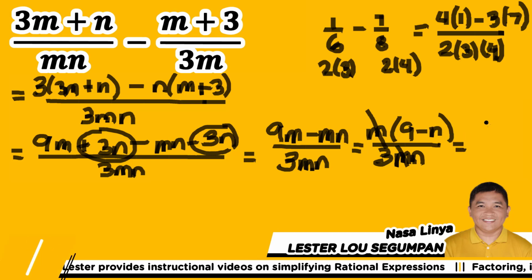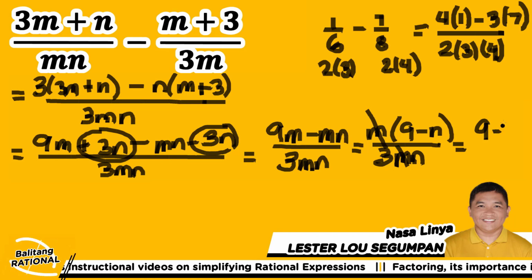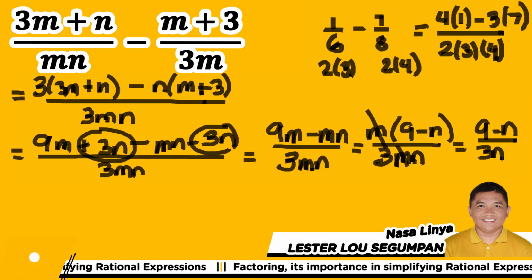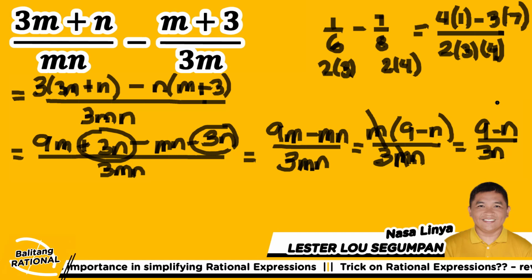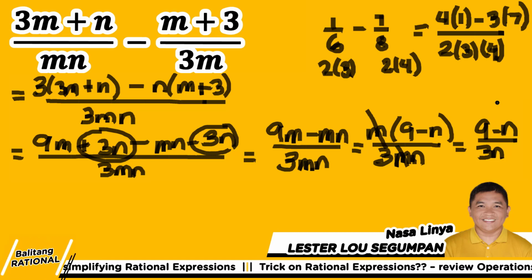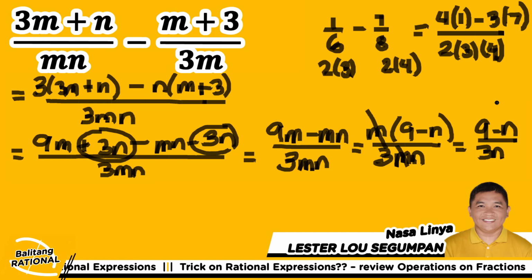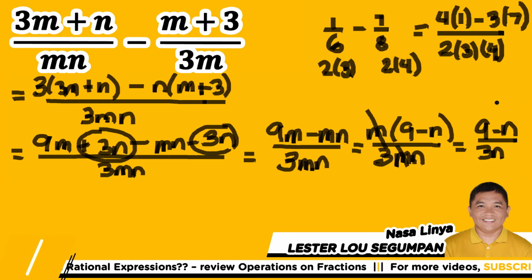You will have the final result of 9 minus n all over 3n. Again, you cannot do that nor this because our numerator is a binomial expression. In short, the more simplified answer for the difference of our given would be 9 minus n all over 3n.